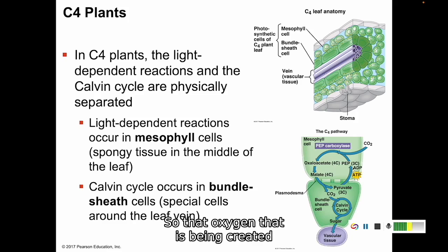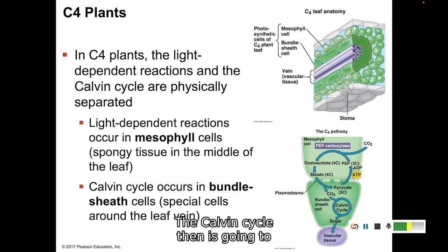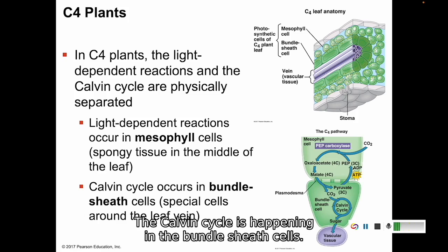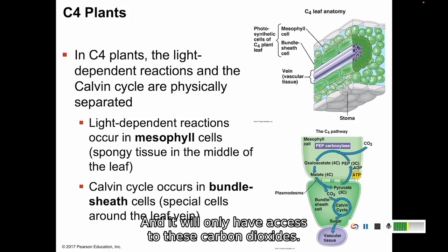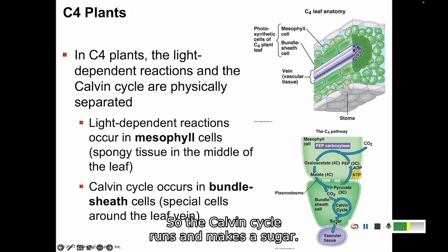So that oxygen that is being created is going to be held in the mesophyll cells and won't be able to get to rubisco. The Calvin cycle then is going to happen in the bundle sheath cells. So rubisco has no access to oxygen. The Calvin cycle is happening in the bundle sheath cells, and it'll only have access to the carbon dioxide that was brought in when the stomata were open. So the Calvin cycle runs and makes a sugar.